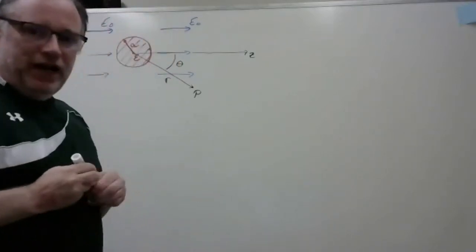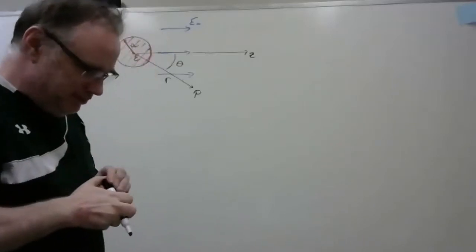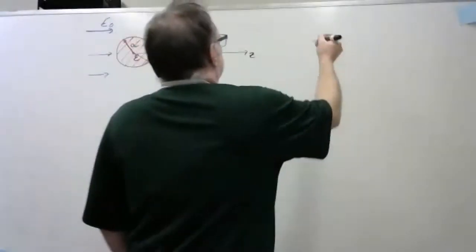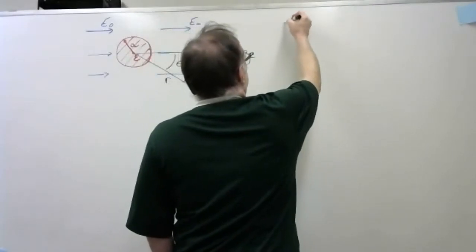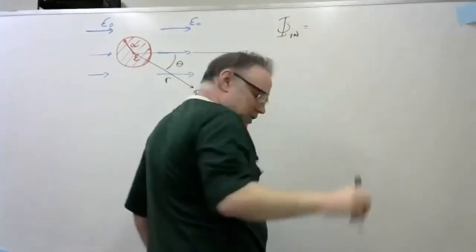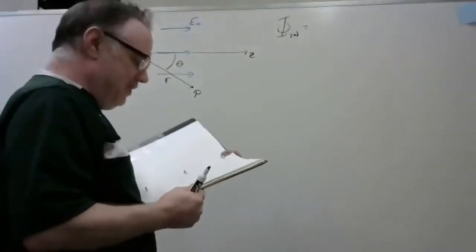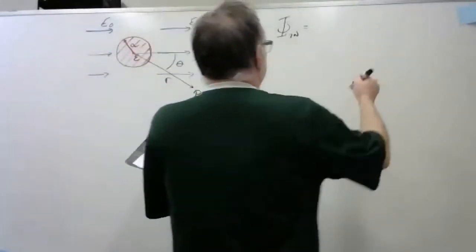And so now we want to write down the general forms inside and outside. So we're going to already exploit the fact that it's independent of the phi, and so we're not even going to worry about the phi.